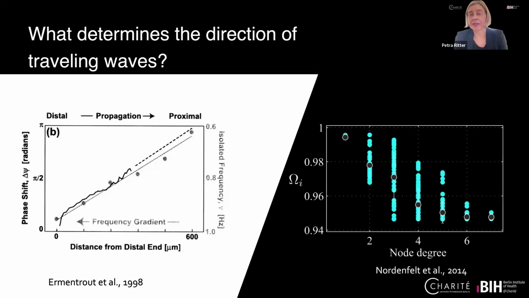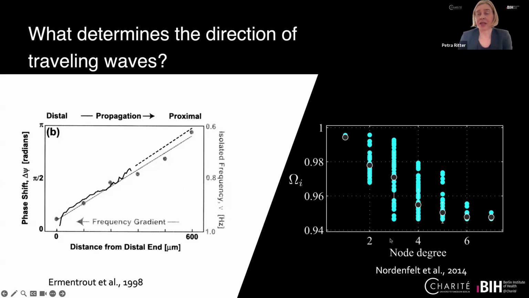There was another parallel observation, completely unrelated, by another team, and they showed that these frequency gradients that were artificially introduced in this model network can also be generated by changing the node degree.